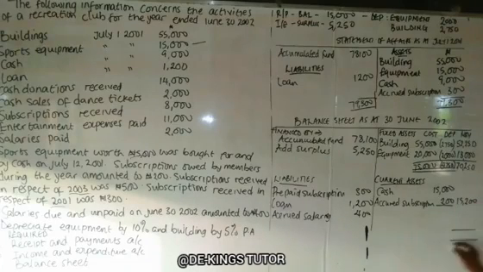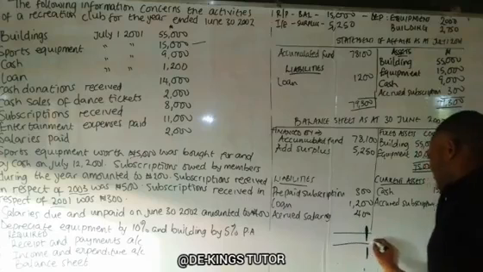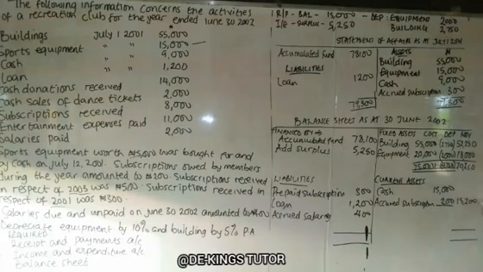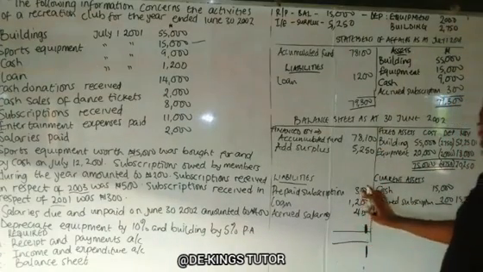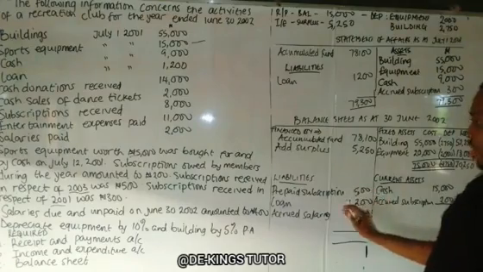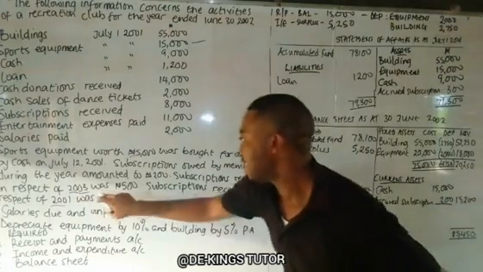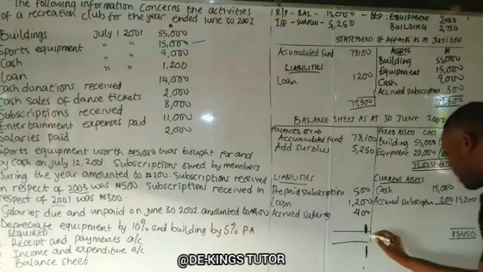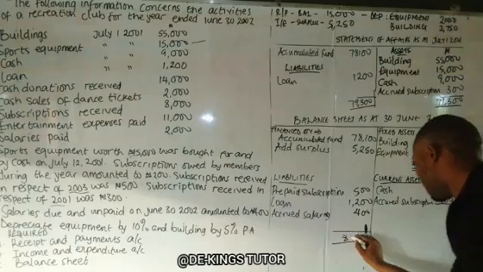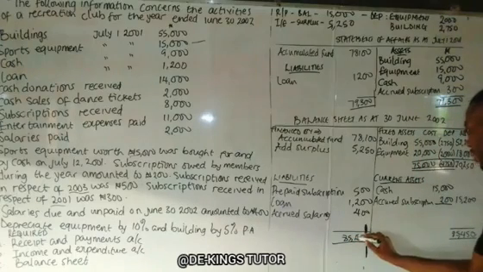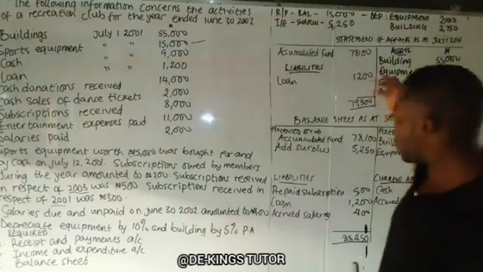So to get the total here, to also get the total here. So 15,200 plus this will give us 85,450. And this will also give us, now remember this is 500, please. Prepaid subscription is 500. So this will also give us 85,450. So it balances automatically.